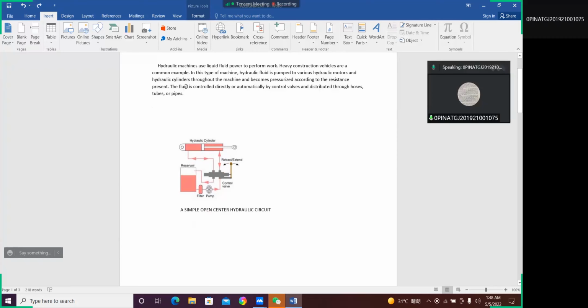In this type of machine, hydraulic fluid is pumped to various hydraulic motors and hydraulic cylinders through the machine and becomes pressurized according to the resistance present.